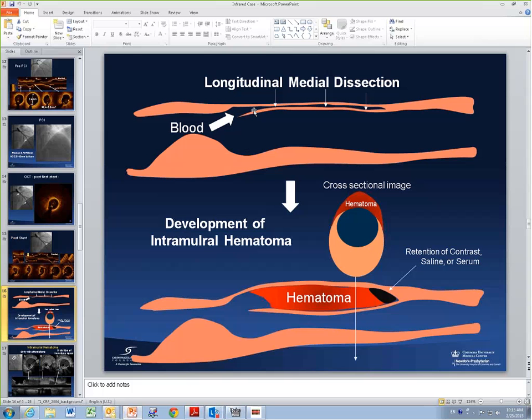And then that dissection area extends longitudinally, and the blood comes into that dissection space, and then you keep the blood. And then this is going to be the hematoma. If we cut here, we can see the hematoma on the top, and we can see the lumen is here. And usually the hematoma is pushing into the lumen, and this is part of the dissection.